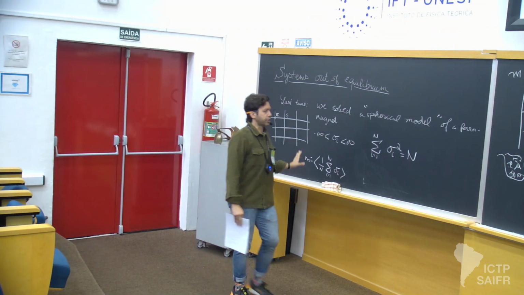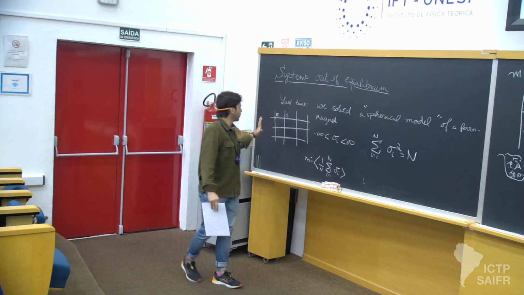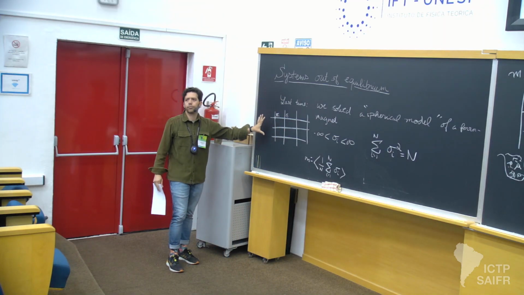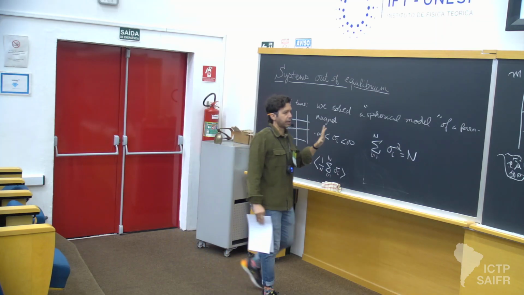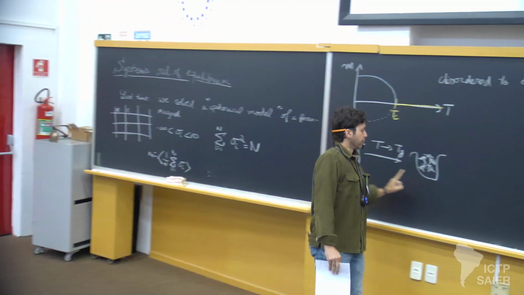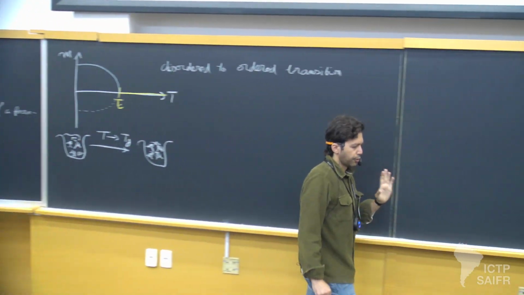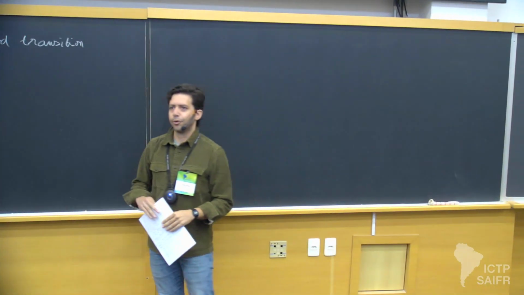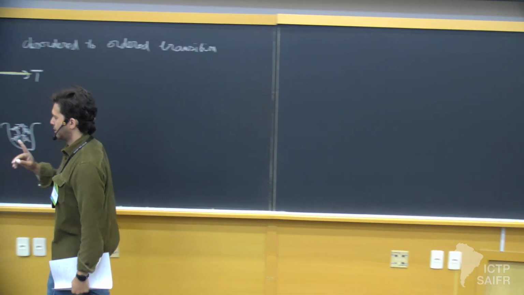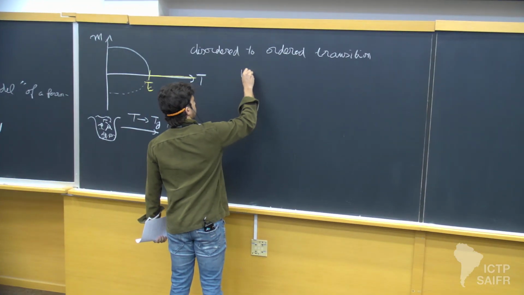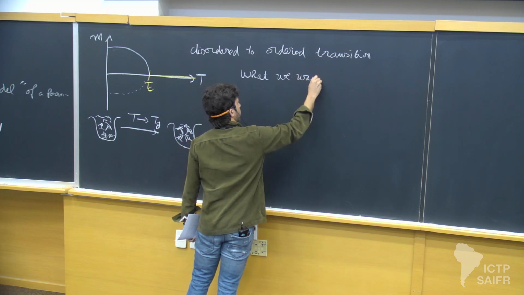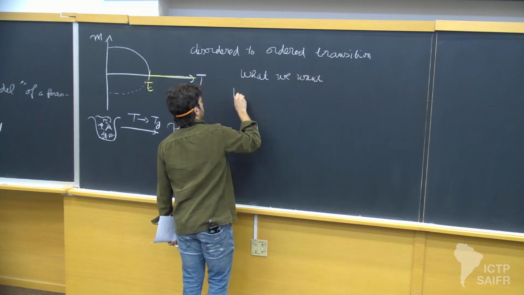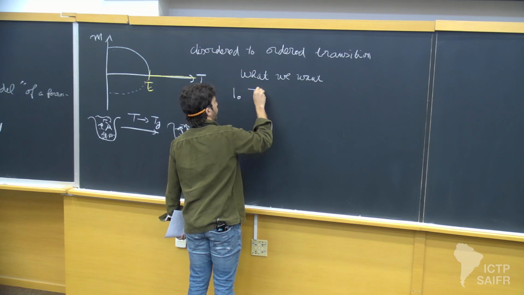So we're going to try to change the Hamiltonian that we studied last time in a simple way, and hope that we can model this kind of transition. Remember, the transition that we want is one where there should be a critical temperature.